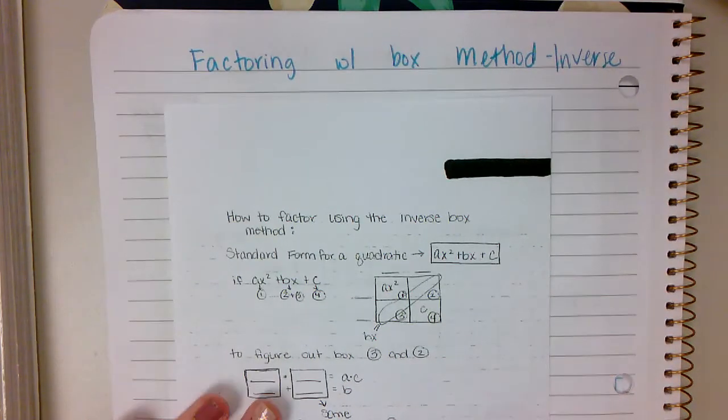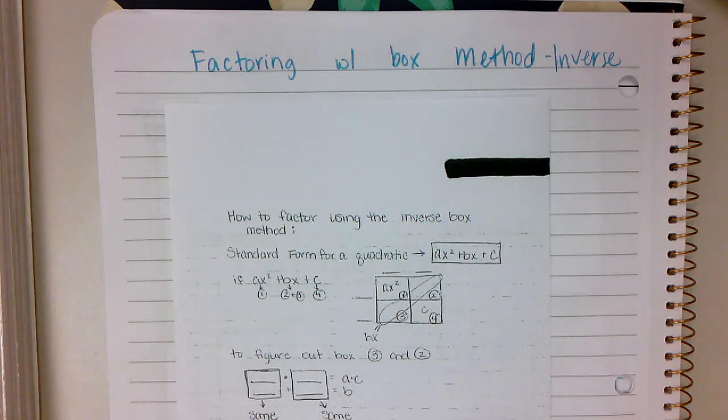So I want to start by reminding you, as we get into quadratics, you guys have looked at quadratics in Math 1 and you have factored in Math 1, so we're going to go back into that.